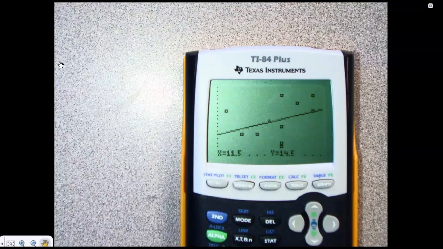Direction's either positive or negative, and then this strength, you got kind of this range of answers, and they're pretty flexible about it. Weak would be like positive or negative 0.15-ish. And this is totally an estimate. Moderate is probably plus or minus like 0.35, or moderately weak.